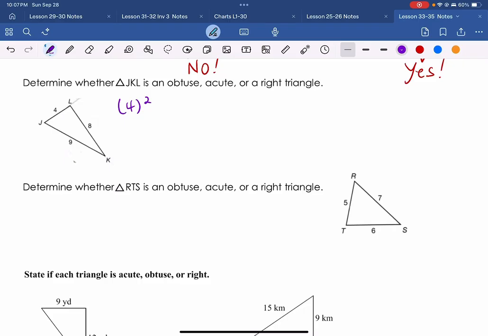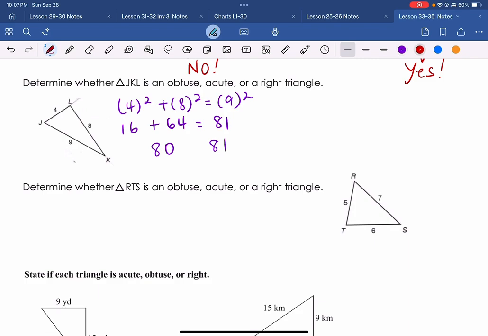Therefore, we will write 4 squared plus 8 squared equals 9 squared, because C has to be the longest side. 16 plus 64 equals 81. 16 plus 64 is 80. And 9 squared is 81.